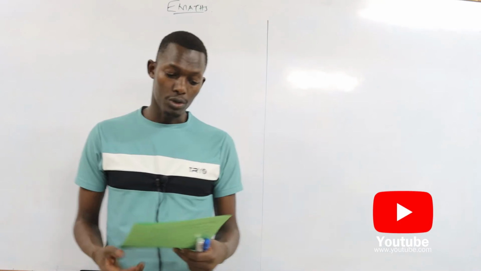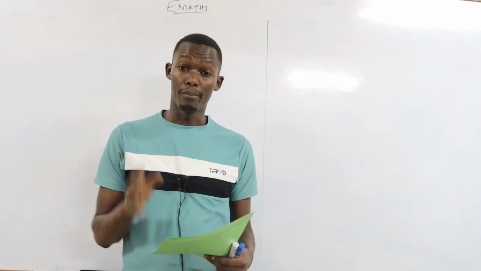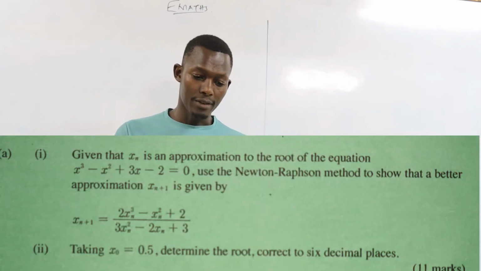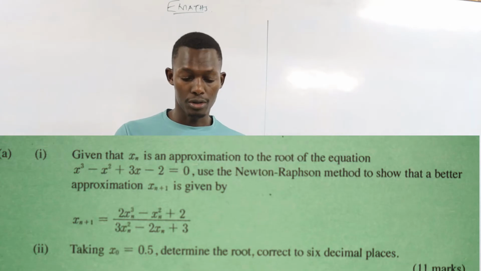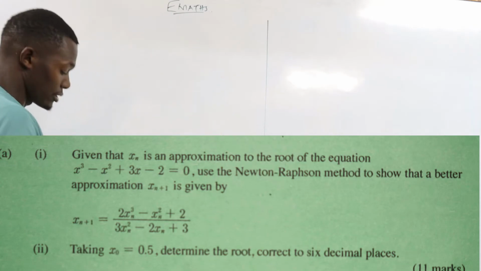So now we have our question number 1A, and it was about the Newton-Raphson method. The question said, given that xn is an approximation to the root of the equation, and write the equation down.